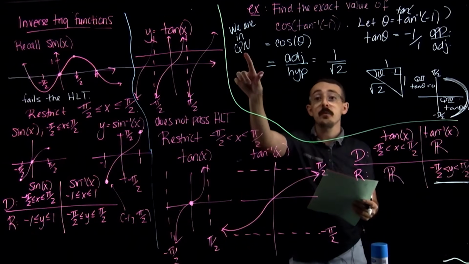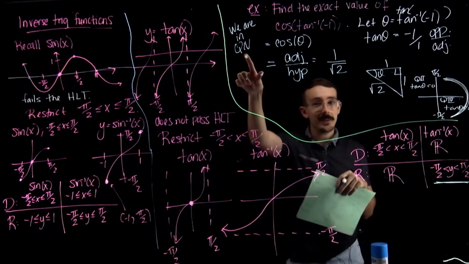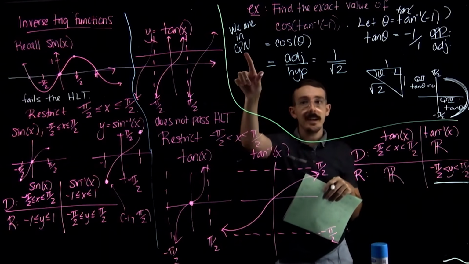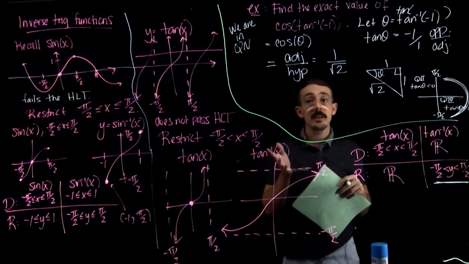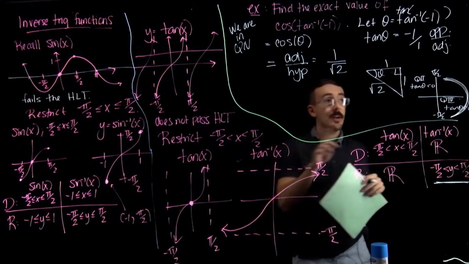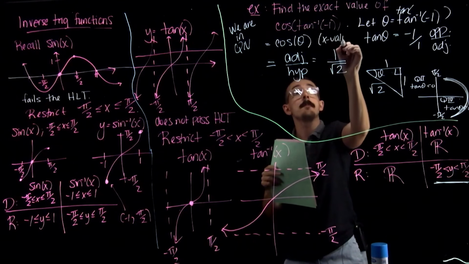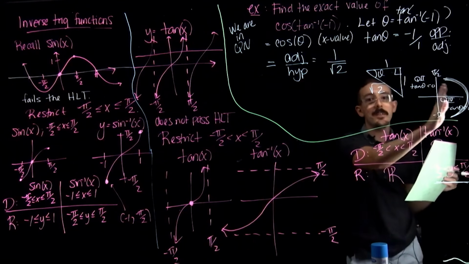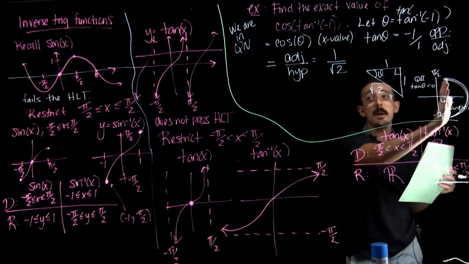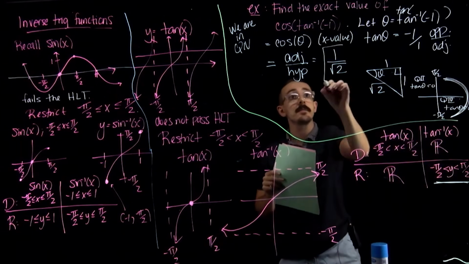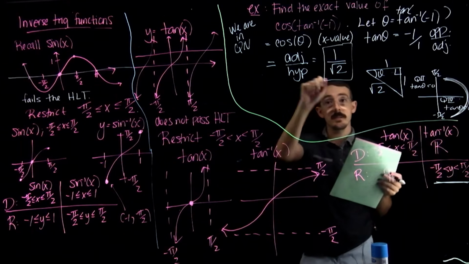So we are in quadrant 4. Based on what we talked about in the last video, is cosine going to be positive or negative in quadrant 4? Well, this is the x value. So if you look at the x value on the right side, in quadrant 4, x is positive. So this should be positive. If it wasn't, you would just make it negative.